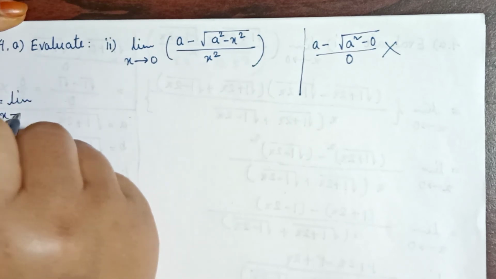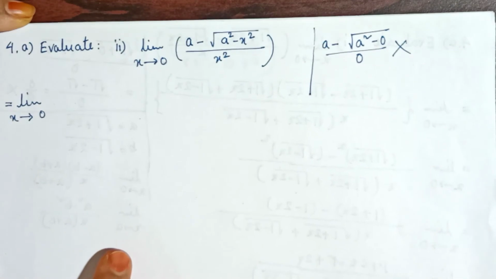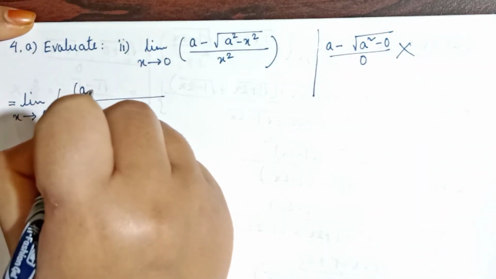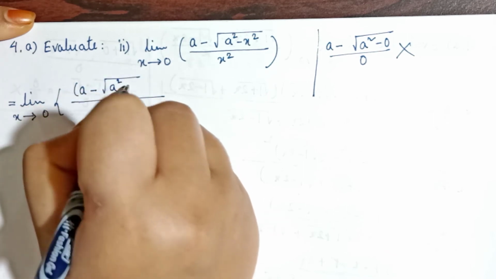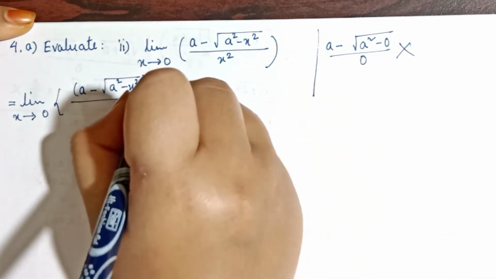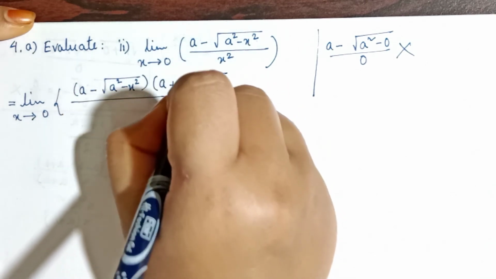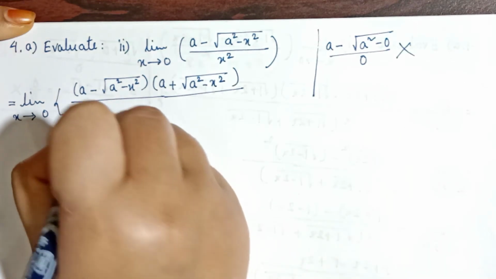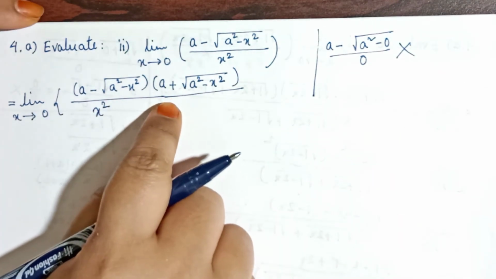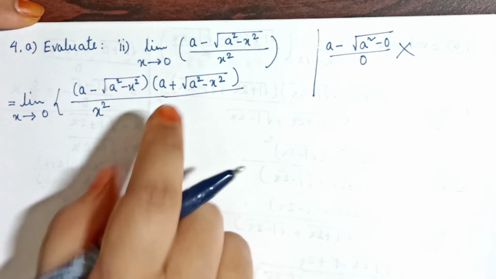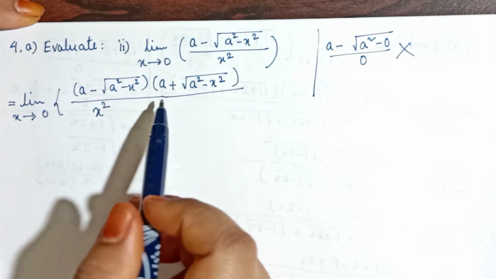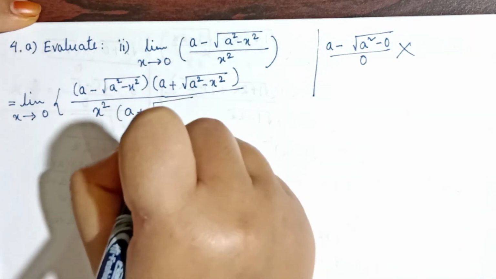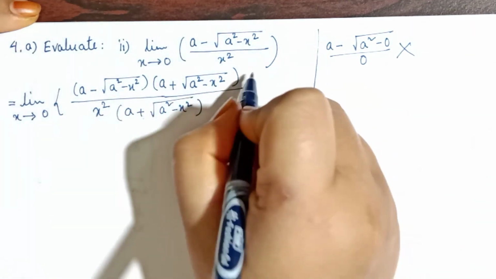Limit x tends to 0. Now the value is a minus root over a square minus x square, then multiplied by a plus root over a square minus x square, divided by x square. Since we have introduced this term to the numerator, that's why we have to again introduce the term to the denominator. So it becomes a plus root over a square minus x square.